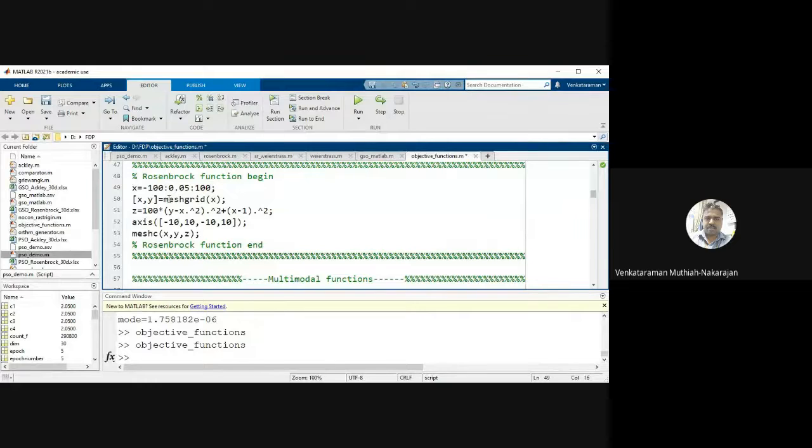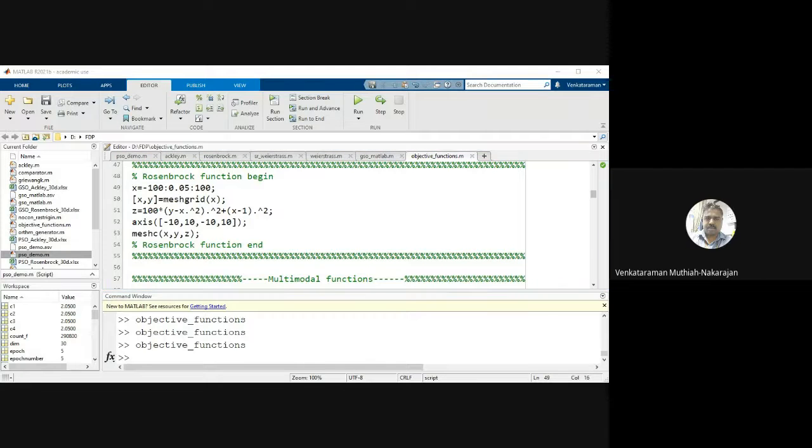This is called Rosenbrock function or banana function. Okay.